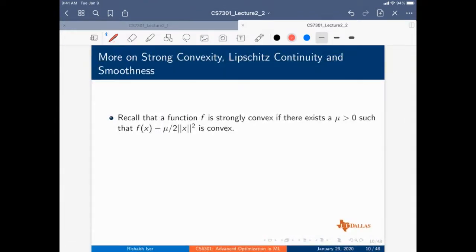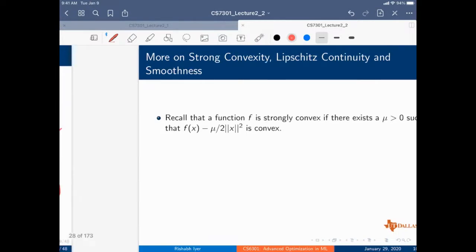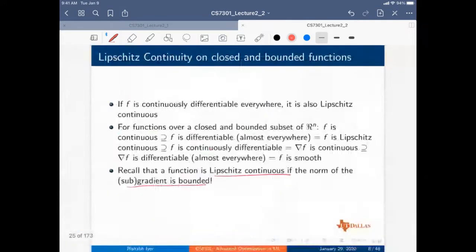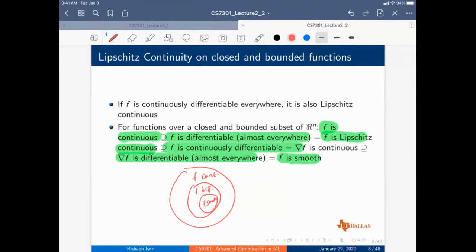Okay, are there any questions until now? Yes, Nathan. I had a question about some of the equalities and the more specific subsets that we just discussed. I'm mainly concerned with why it's equivalent that if f is differentiable almost everywhere, that means it's exactly the same as f being Lipschitz continuous. Couldn't you have f that is differentiable everywhere, but it's also Lipschitz continuous?